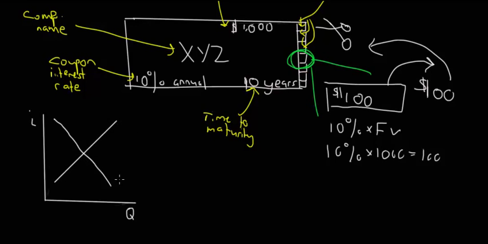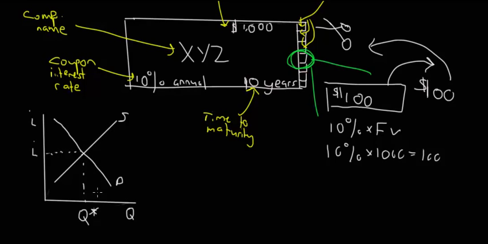Supply and demand, and this is just the money market. So there's the optimal equilibrium quantity of funds that has been decided, and here is the interest rate. So let's try and understand this. This is where this 10% comes from. This coupon rate was decided essentially by the money markets.